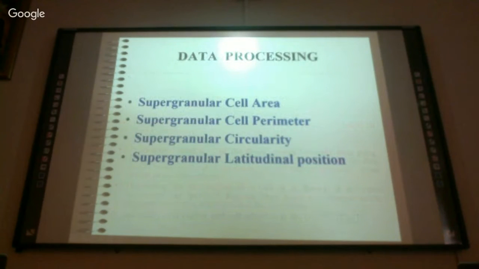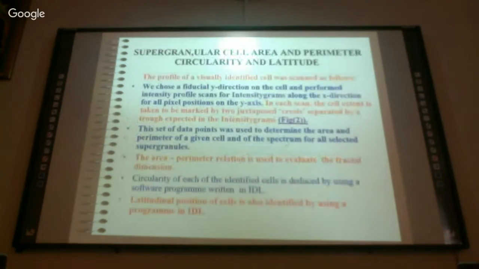And then this is the data processing of the cell area, cell perimeter, supergranular circularity, and supergranular latitudinal positions. These were carried out. So the profile of the visually identified cell was scanned as follows. We chose a fiducial y-direction and performed a velocity profile scan along the x-axis for all the pixel positions along the x-axis.